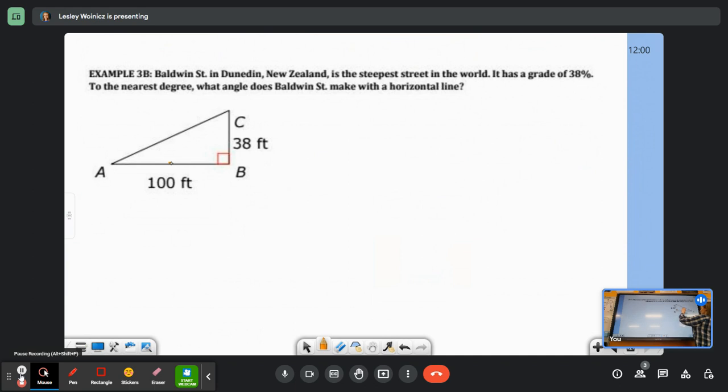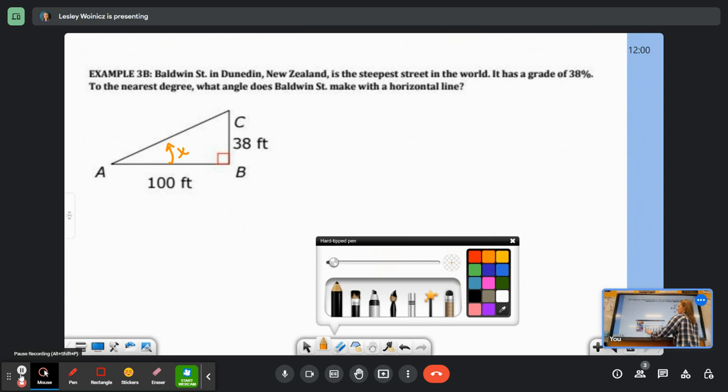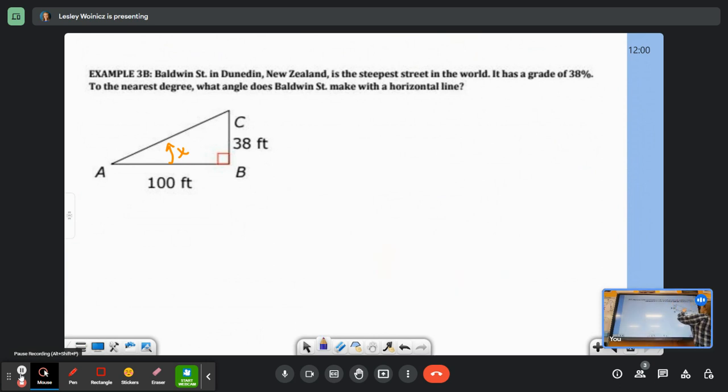This is our angle. What do you want to call it? X. Okay, so with respect to our angle X, what information do we have? That's an opposite. And then this is the adjacent. Good.